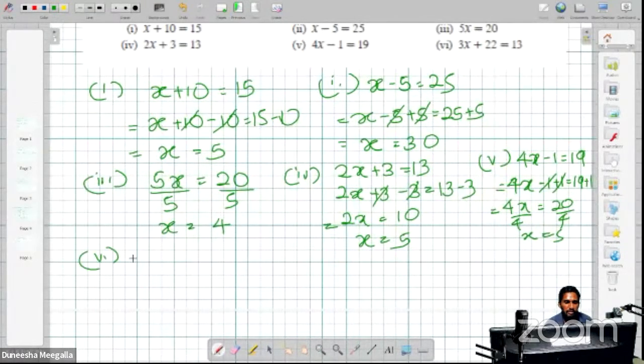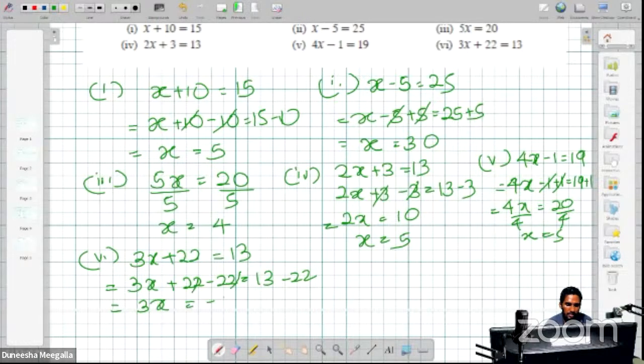Sixth one, 3x plus 22 equal to 13. 3x plus 22 minus 22, 13 minus 22. We saw earlier that 3x equals minus 9, divided by 3. x equal to minus 3. Okay.